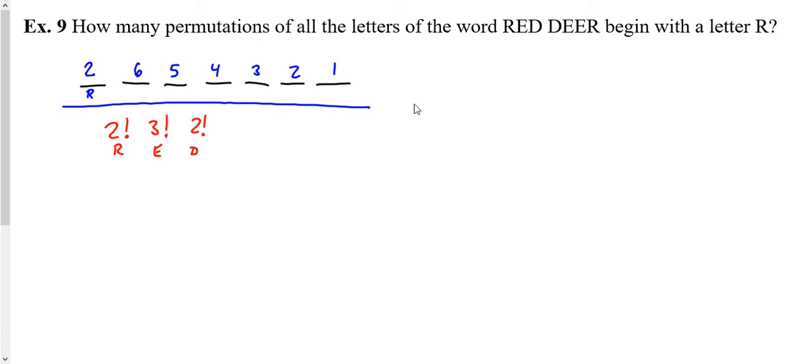In total, what does this get you? Numerator, if you multiply that all together, you should have 1,440. Denominator, that gets you to 6, and 4 and 4 make 24. There we go. Dividing these two together, you get a total of 60 permutations with the letter R right at the beginning.